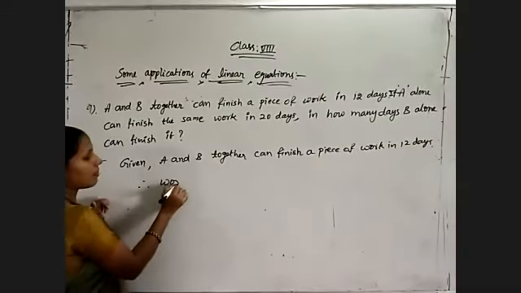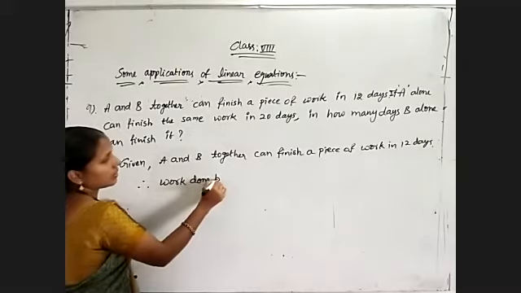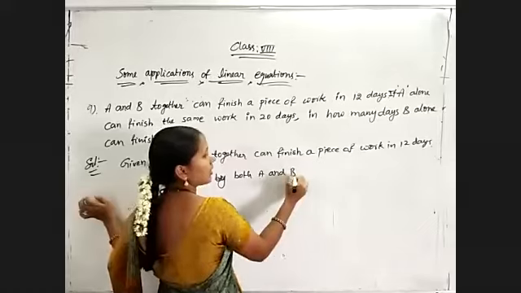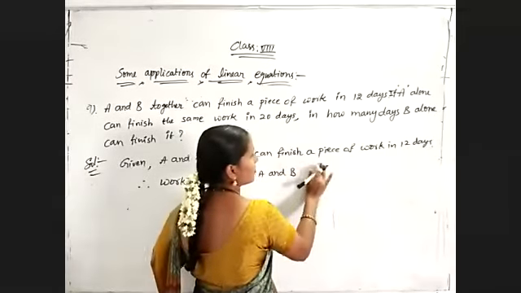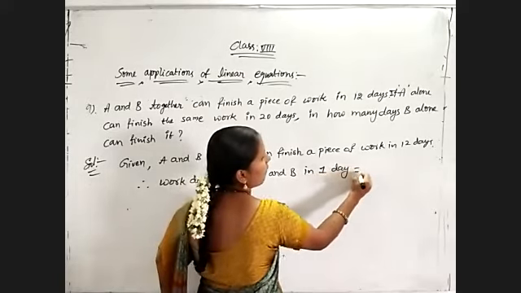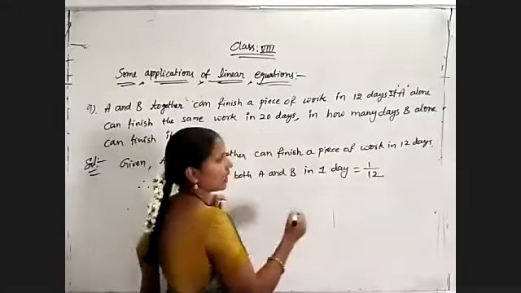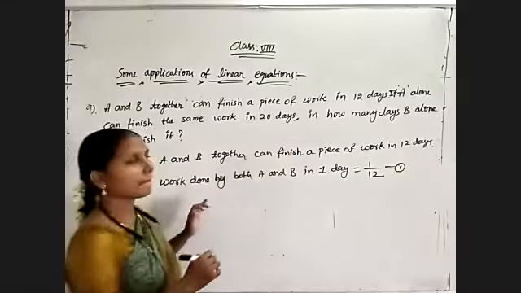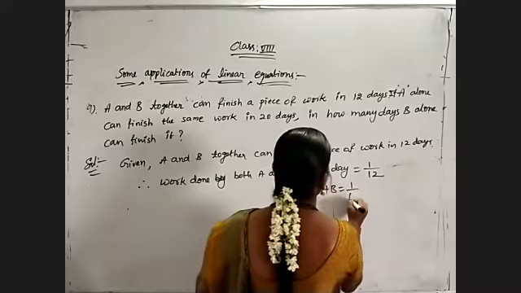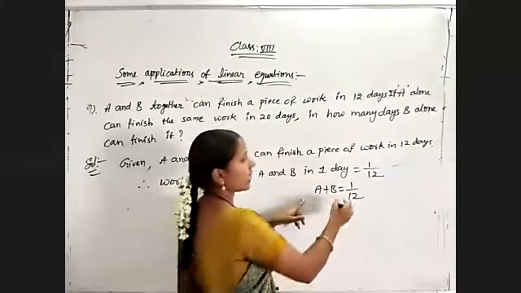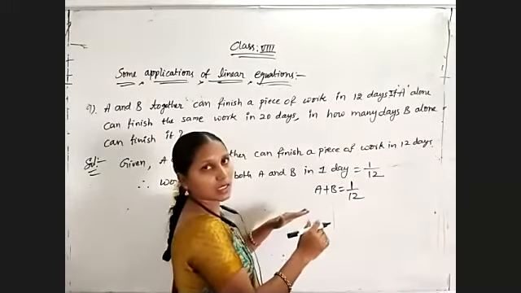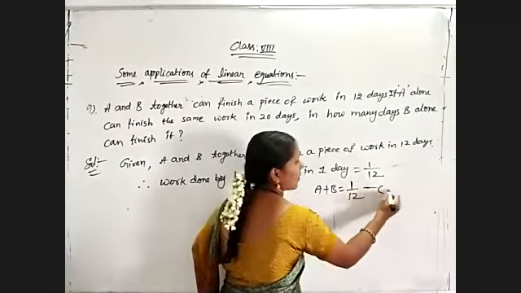Therefore, work done by both A and B in 1 day is equal to 1 by 12. Okay, let it be equation 1. That is A plus B finishing that work in 12 days. For 1 day, they are finishing 1 by 12, 1 out of 12 part. Okay, this is equation 1.